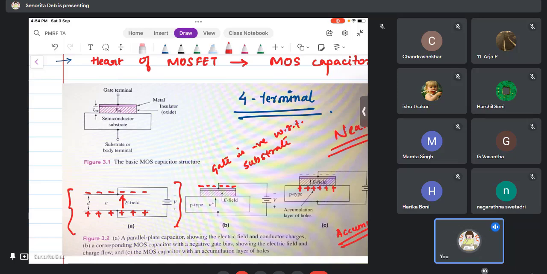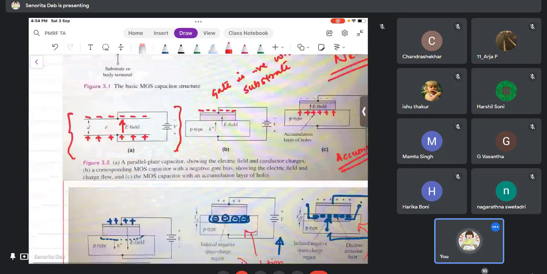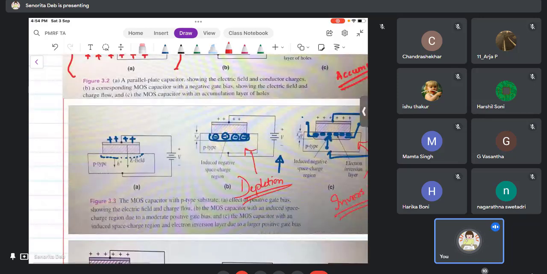After that, if we put a positive voltage, then there is a depletion region, which is devoid of any mobile charge carriers. And when we increase the voltage more, we start getting electrons in that region, and after the electrons are there, we can now start using that current.